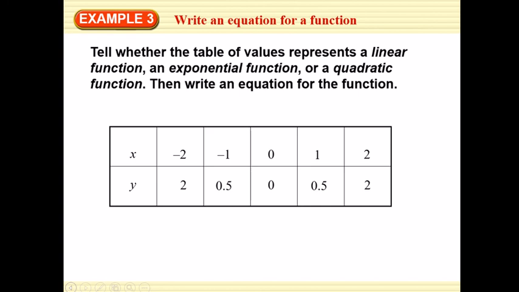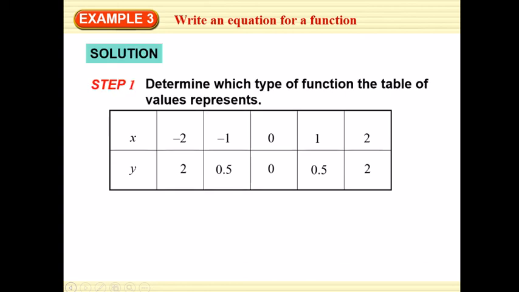So here is example 3 for you. Tell whether the table of values represents a linear function, exponential function, or quadratic function. Then write the equation. All right, so step 1, double check your x values. They are increasing by a constant amount of 1, so we are golden there. Then I want to determine what type of function I have.